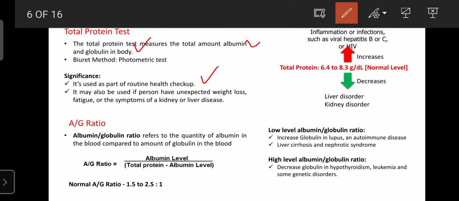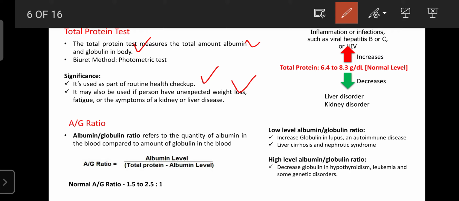It may also be used if a person has unexpected weight loss without any exercise or medication, where the weight is lost gradually. Unexpected weight loss means that within a month, if the loss of weight is more than 5 kg, it is considered abnormal weight loss, even if you are exercising or taking certain medication, therapy and food recipes.